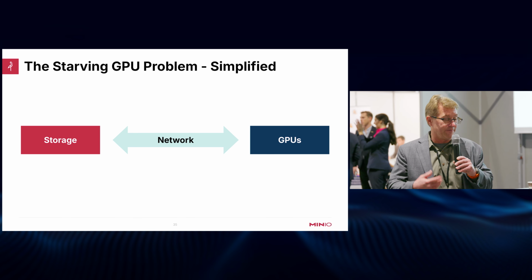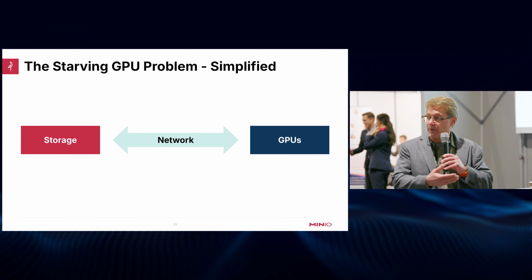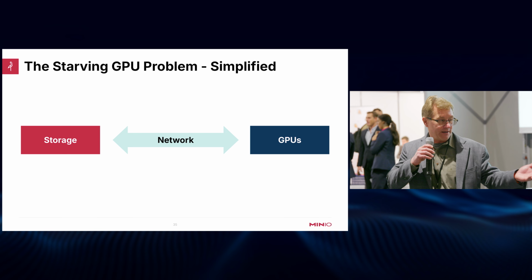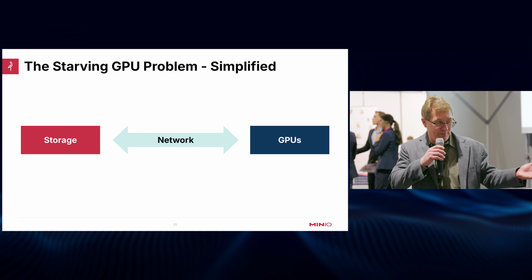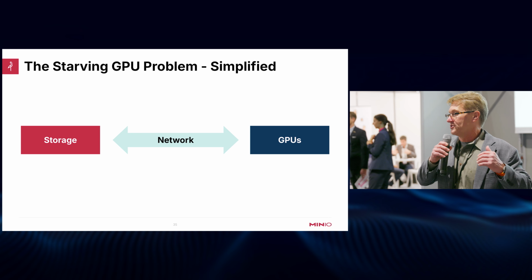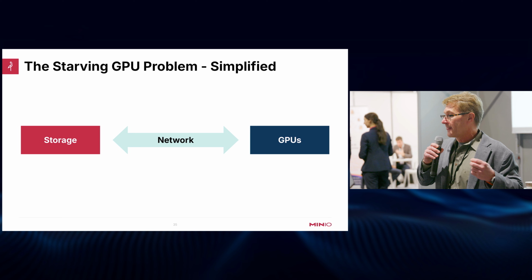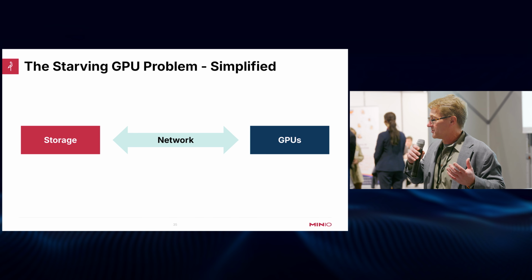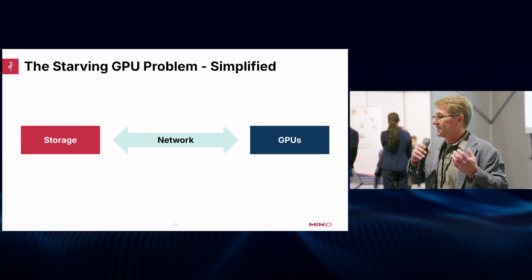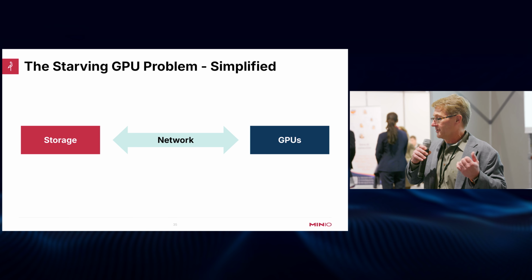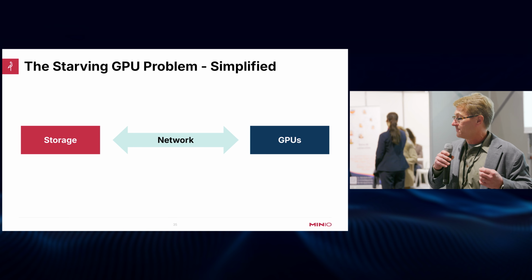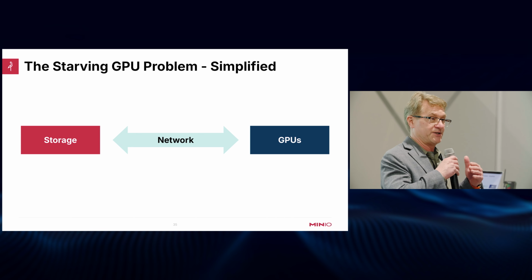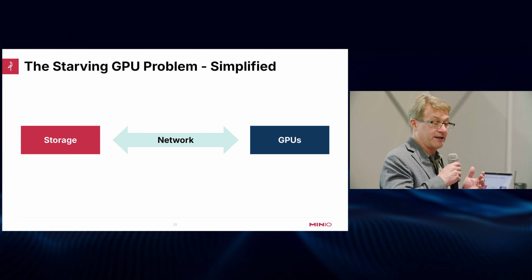What could happen if you have maybe just an average network, object storage, that would be MinIO, and you just have the best GPUs money could buy? Well, your GPUs are going to be the fastest thing in your infrastructure, and that's really not what you want. They're going to be underutilized. The network won't be able to keep up. Object storage may not be able to keep up. And you'll have underutilized GPUs, and you won't be able to do anything about it. And that's not what you want.